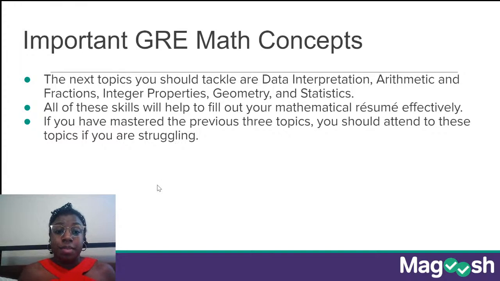Arithmetic and integer properties require you to understand the properties of numbers and how to use them. Geometry requires you to know the properties of shapes, lines, and angles. And statistics requires you to know how to calculate the mean and median of a set of numbers. All of these skills will help to fill out your mathematical resume effectively and you're going to want to attend to them if you are struggling with them.